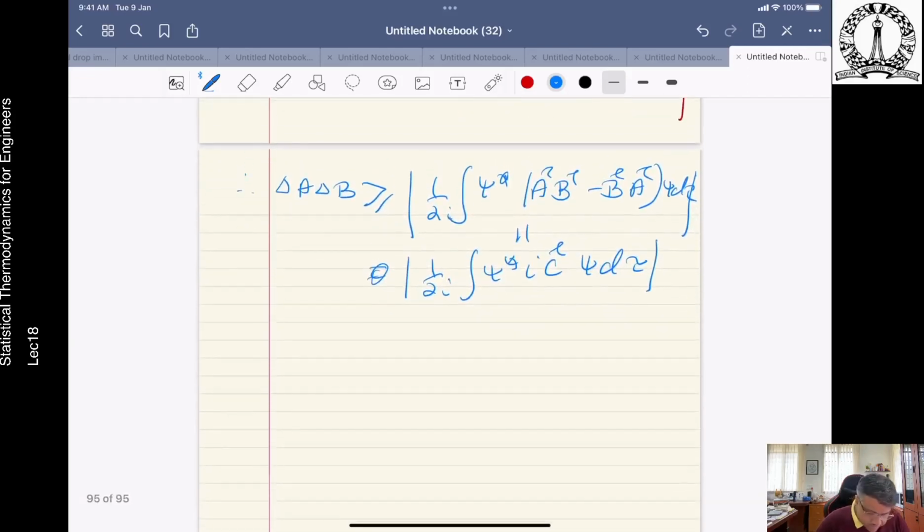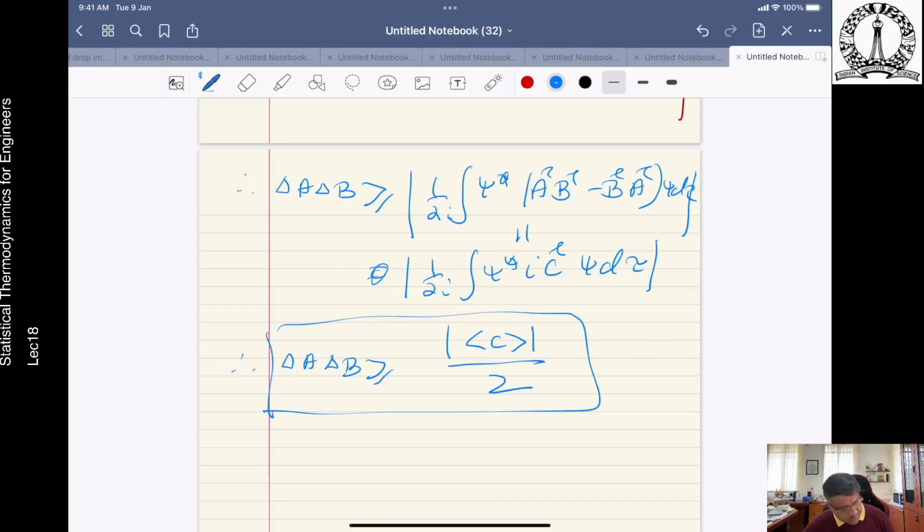Therefore, delta A into delta B is greater than or equal to C bar by 2. That is what you get.